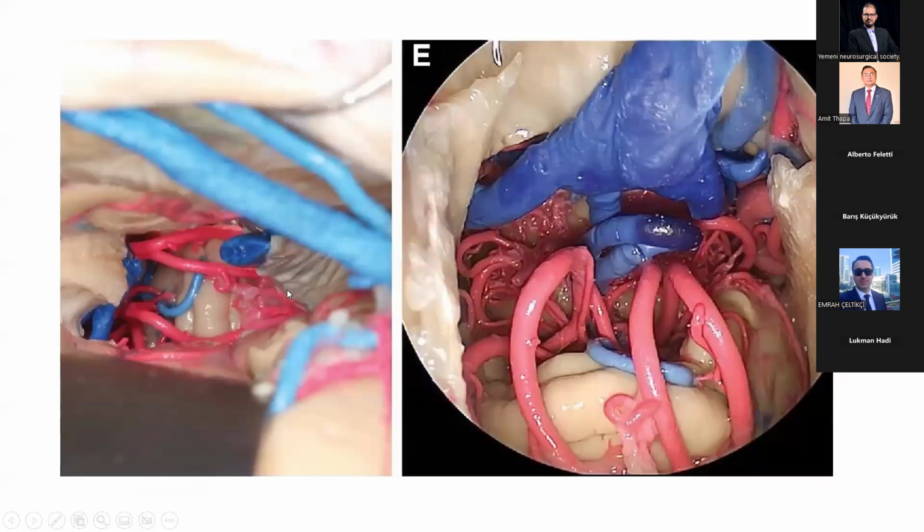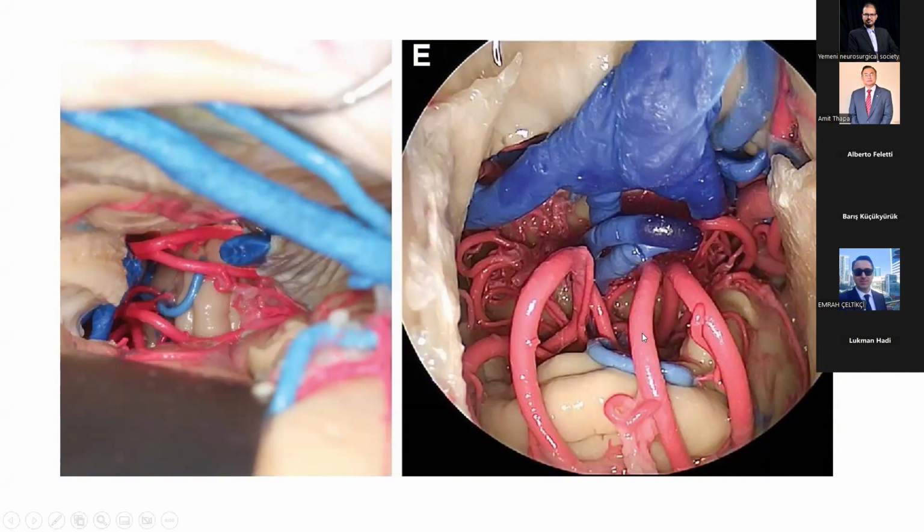Here we see an interhemispheric approach in which we see the posterior falx, the vein of Galen, and the two posterior cerebral arteries aligning together. And on the right, this is an endoscopic view, and the approach is completely different.